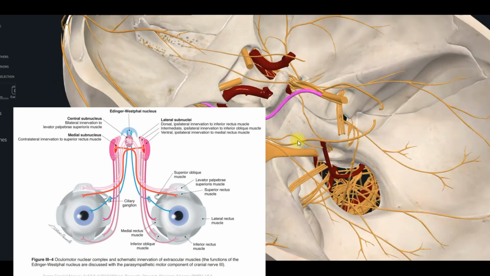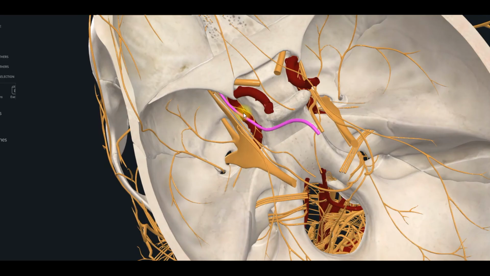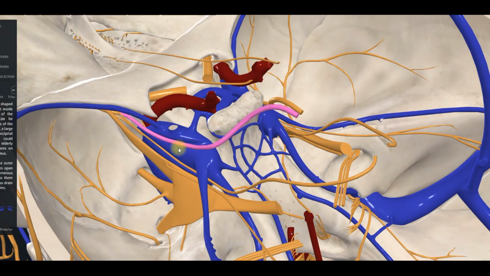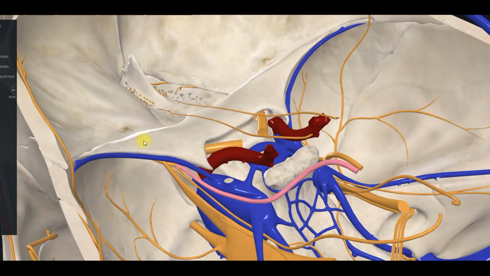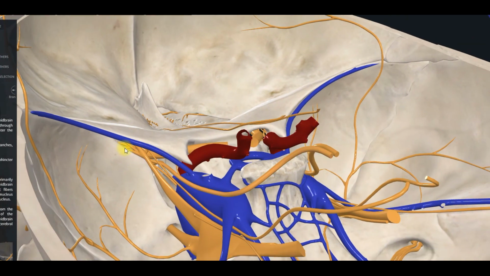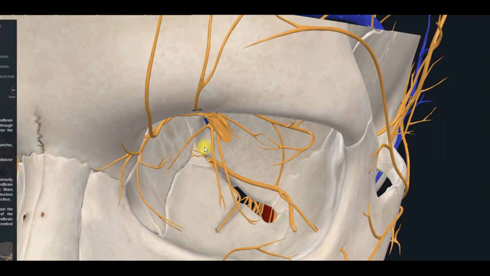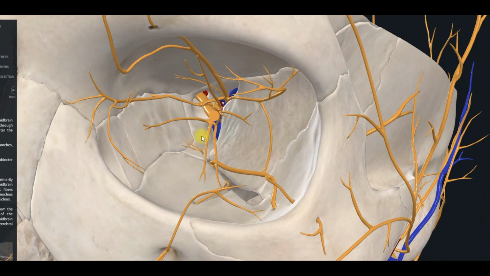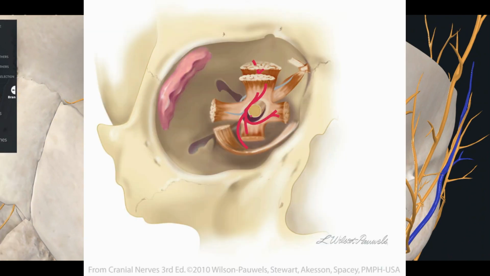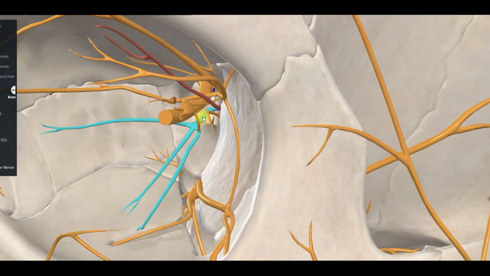It starts from the three nuclei of the midbrain, passes near the carotid artery and through the cavernous sinus, and appears in the orbit through the superior orbital fissure, together with the other oculomotor nerves, such as the trochlear and abducens. There it splits into two branches, superior and inferior, and supplies the muscles.